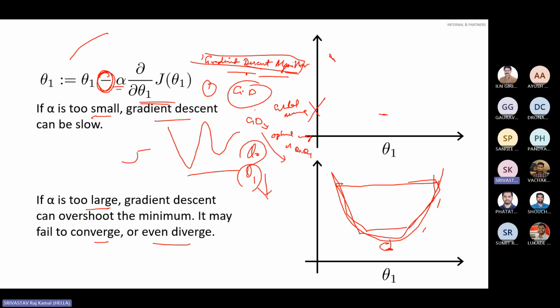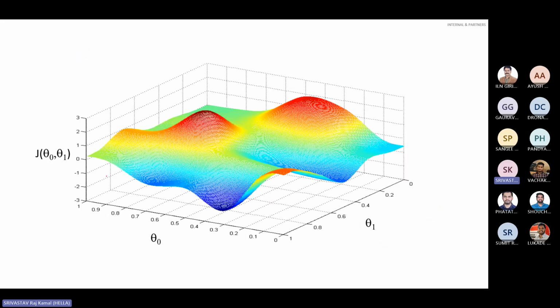Therefore, if you're working with gradient descent, we have to do lots and lots of experiments with randomly initialized values, not purely random, there are some techniques behind it. So what could happen? You do experiment one, randomly initialize theta 0, theta 1 somewhere here. This might converge you to this point. Then you do one more experiment, you might start somewhere here, then you converge to this point.